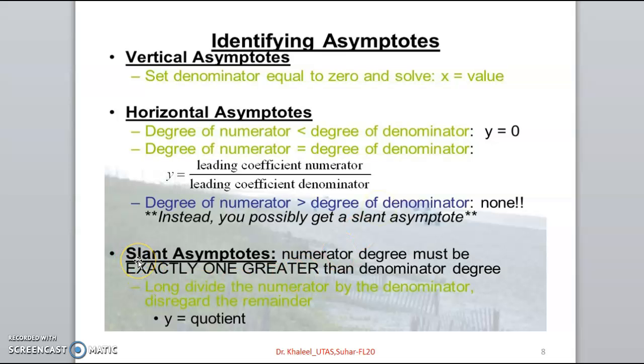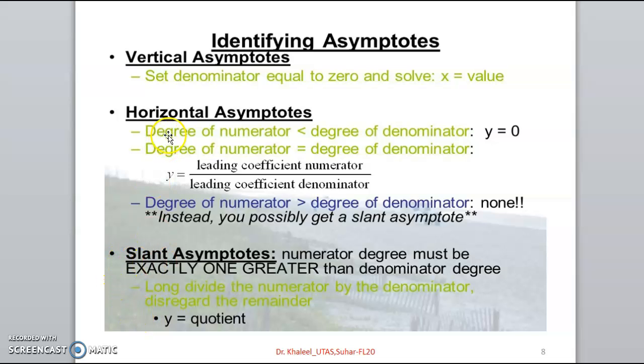Therefore, I write down slant asymptote. The numerator degree must be exactly 1 greater than the denominator degree. So the difference between the numerator degree and the denominator degree should be 1, and the degree of the numerator must be greater than the degree of the denominator.